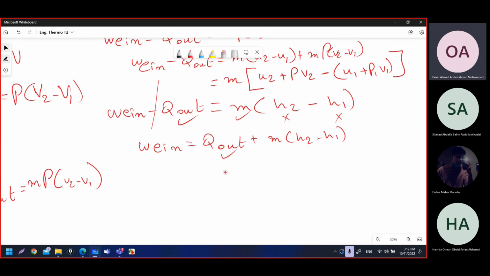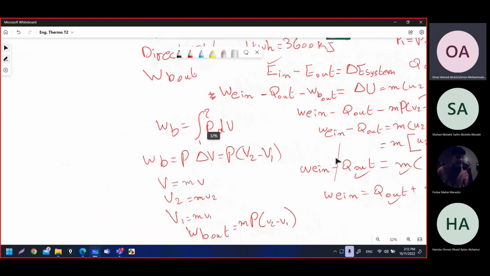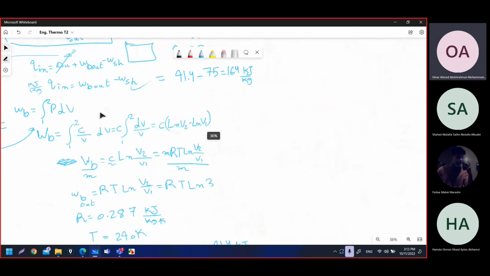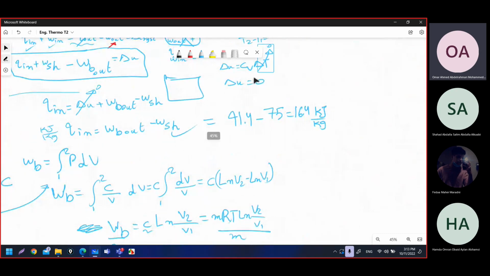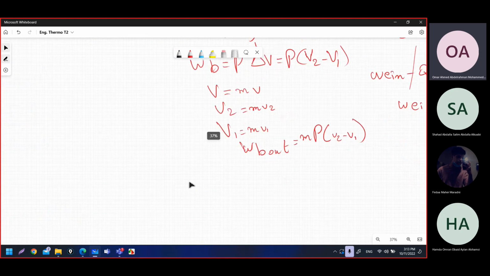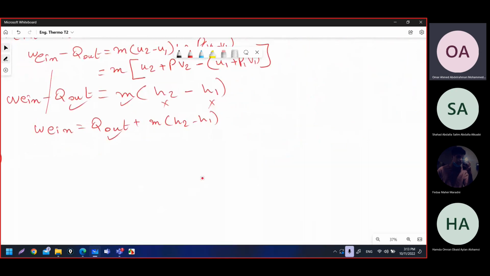Q_out is given. In order to calculate m(h2 minus h1), as we did in the previous question, we substituted delta u by Cv delta T, and delta T was equal to 0, so delta u was equal to 0. Here also, small delta h is equal to Cp, the specific heat under constant pressure, times delta T. I have delta T, and the specific heat we call the average specific heat, because if you have two temperatures, we take the specific heat under these two temperatures.